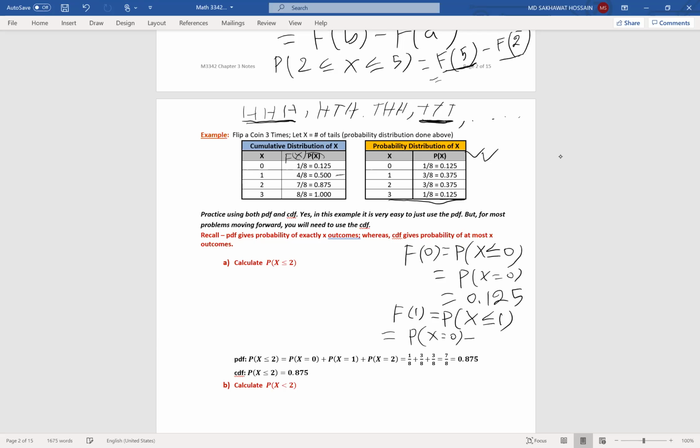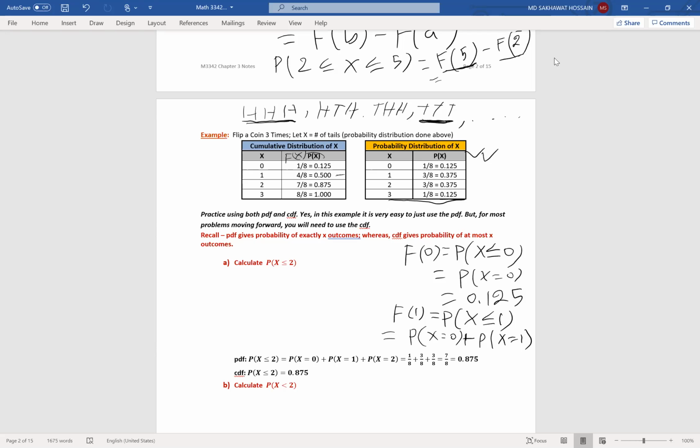So P of 0 plus, do you have any other values? P of 1. Yes, P of 1, you're right, thank you. Now we have to add these two probabilities. If you add 0.125 and 0.375, then it will be 0.5. So that's why the cumulative probability at X equal to 1 is 0.50.